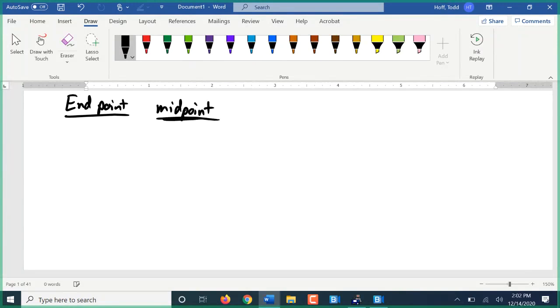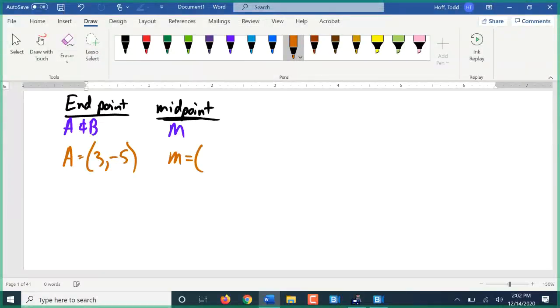Now, to make this easier, rather than having to write out those words every time, our endpoints are going to be labeled points A or B. The midpoint is going to be labeled point M. So if I tell you point A is 3, -5, and point M, the midpoint, is at 1, 1. How can we find point B?